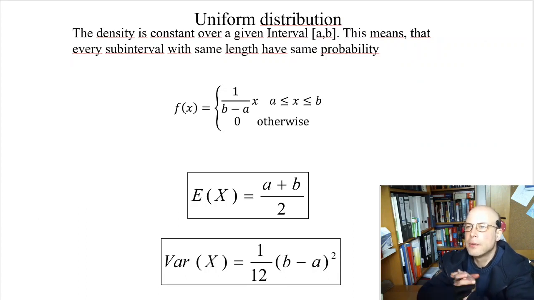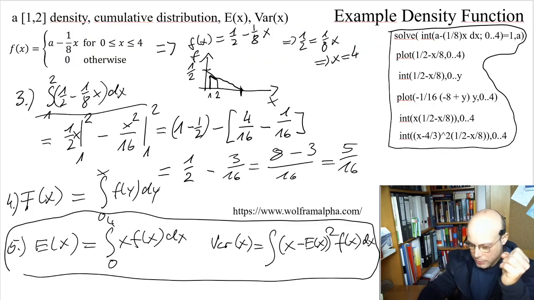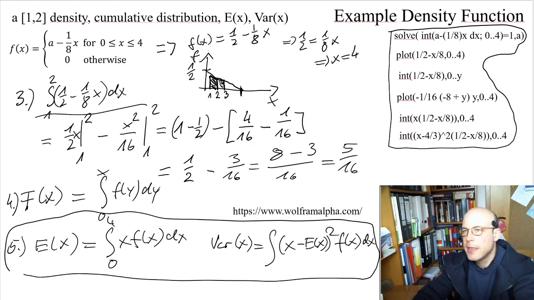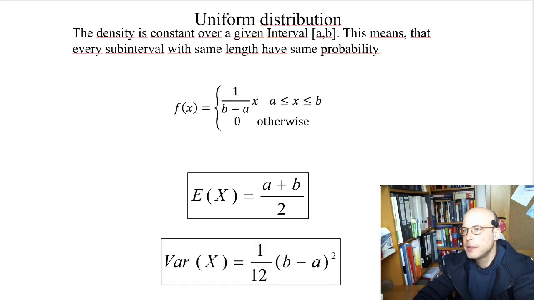Okay, so uniform distribution. This means that if we look at this distribution here, then if we go from 2 to 3, of course this area is larger than this area. But within the uniform distribution, we say that every interval should have the same probability.